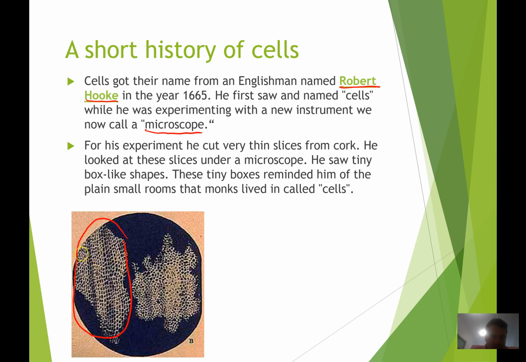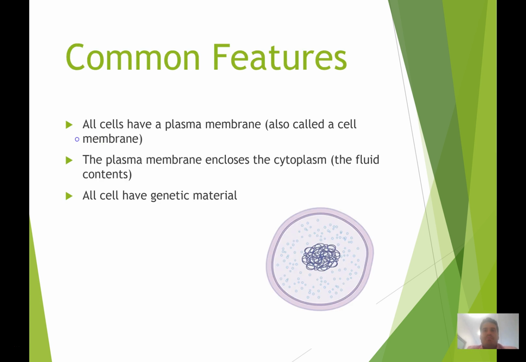Can you see that this structure here is made up of tiny little boxes? They reminded him of small rooms that monks used to live in at the time, and he called those cells. They're actually not cells, they're just the outline, the cell wall of the cells that used to live there. Those cells had actually died, but that name stuck.